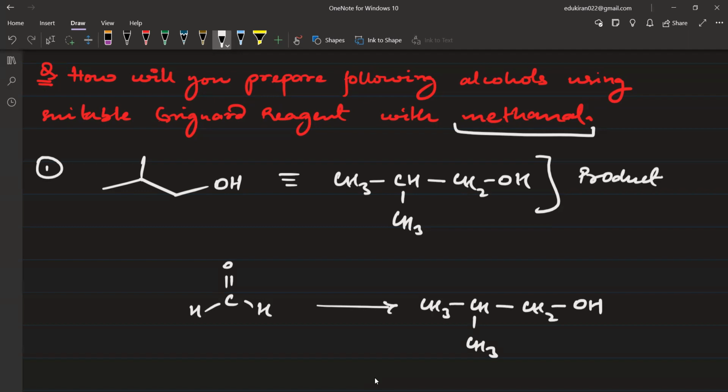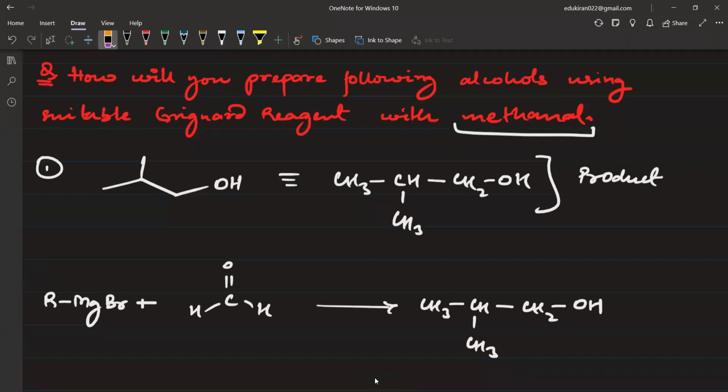Now I have to use a Grignard reagent RMgBr. So they are asking what will be the structure of this R group here, what will be the structure of the Grignard reagent exactly? This is a very general Grignard reagent RMgBr.